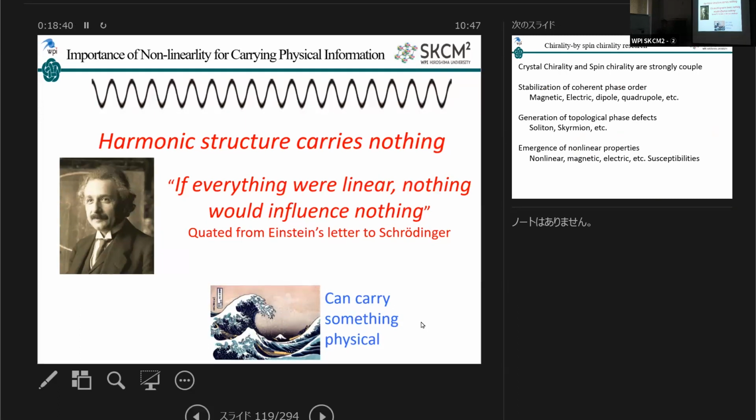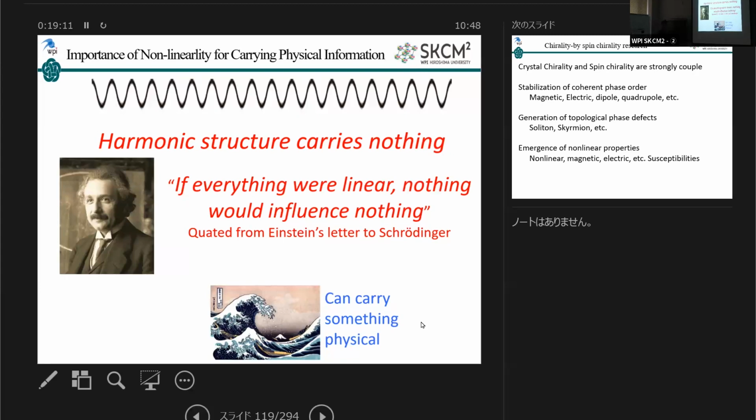Then the chirality is very important to generate the phase ordered state for soliton, skyrmion, hopfion. These carriers can carry something. For instance, information can be sent by the soliton or skyrmion or hopfion. This is not linear.